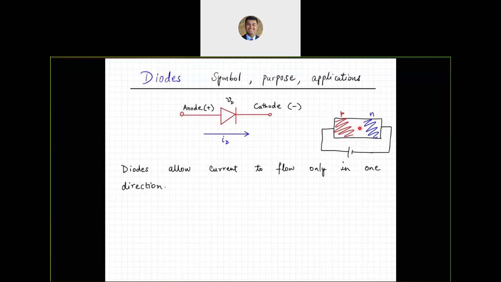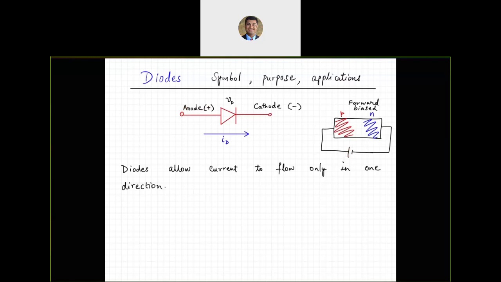So the depletion layer is going to be very small, or it's going to disappear. When it disappears, it is going to allow current to pass through the diode. That particular condition, we call forward biased, because we have connected the p-type material, or the anode, to the positive end of the voltage supply.